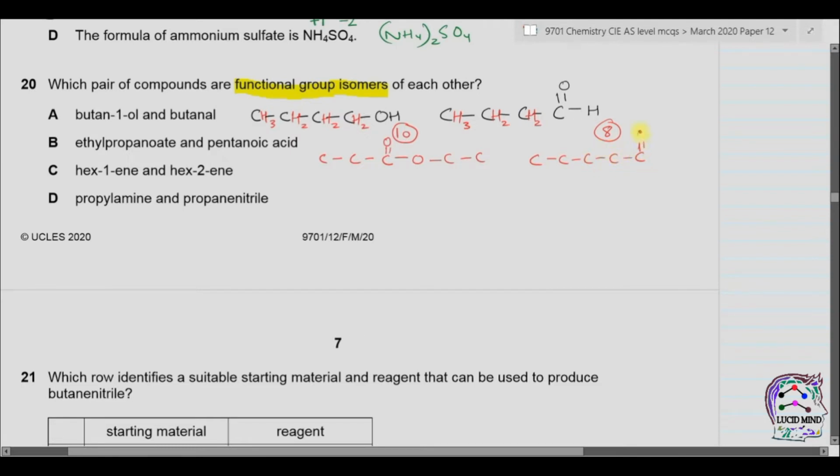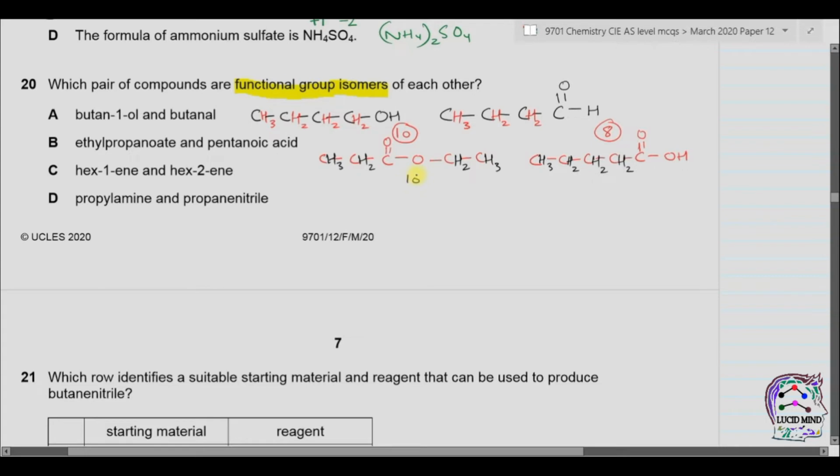This one is pentanoic acid. Now let's count the number of hydrogens with each. 3, 2, 2, 3, 3, 2, 2, 2.